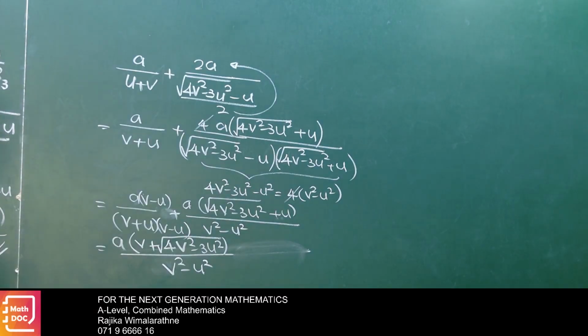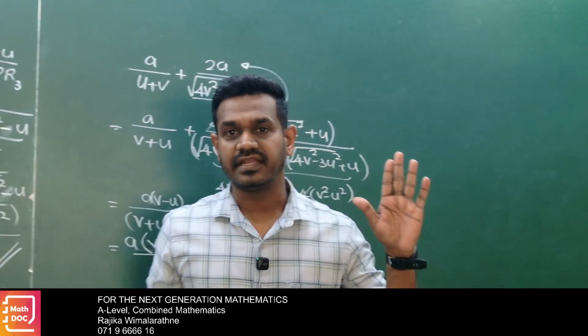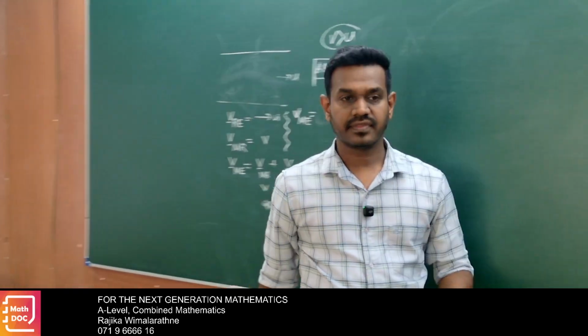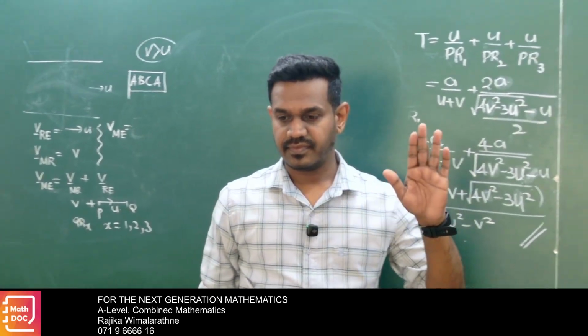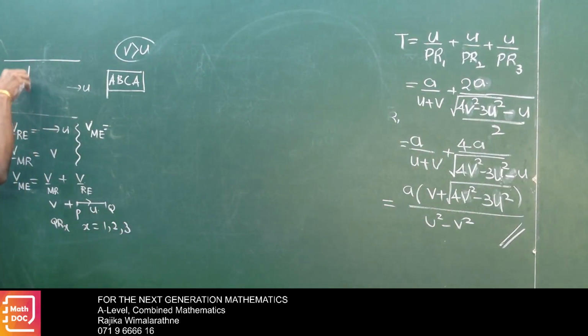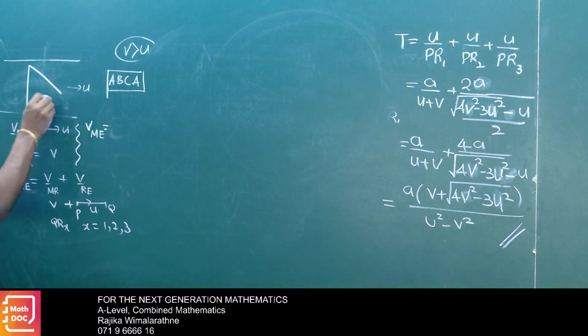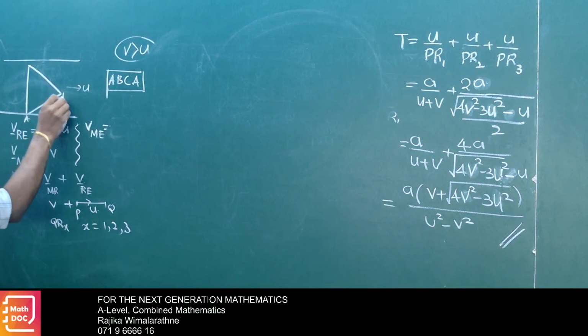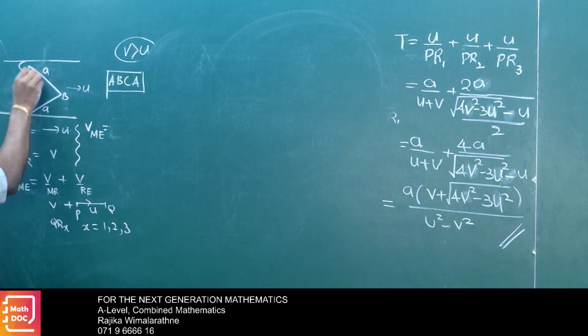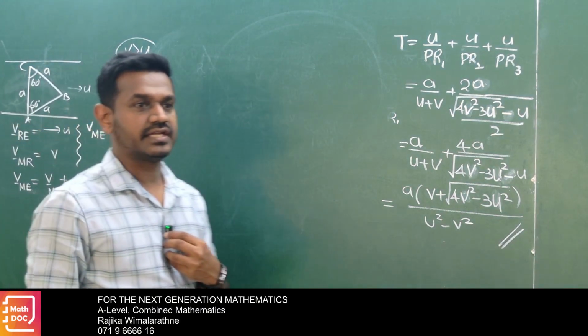Okay, now let's try another one. Consider this one, take this triangle A, B, C, an equilateral triangle, 60 degrees, 60 degrees. Okay, you start it.